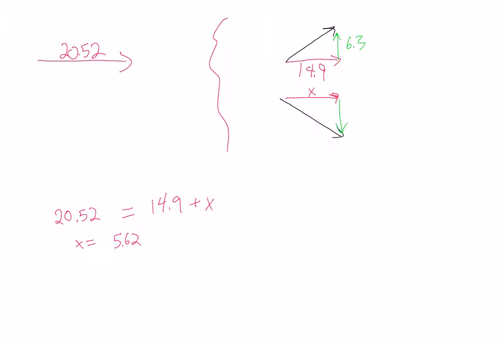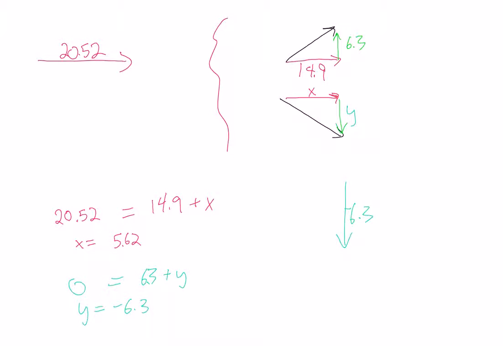Do the same thing for our vertical direction. What was our vertical motion to start with? 0. There wasn't any. So we have 0 to start with, and we have 6.3 up. That means our y has to be negative 6.3, otherwise we wouldn't get it equal to 0. And that's it, we've got our two components figured out. Let me resketch this again. We've got 6.3 going down, and we can write it as a negative if you want.